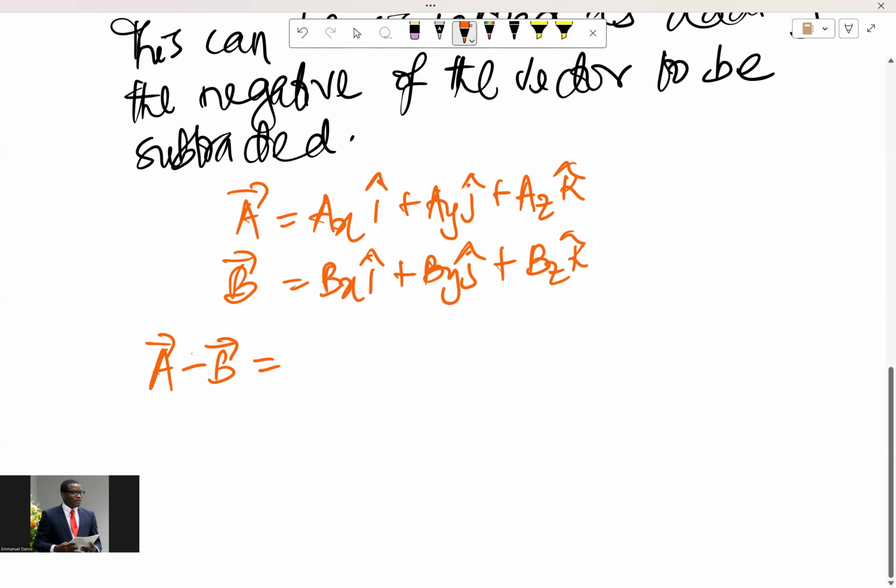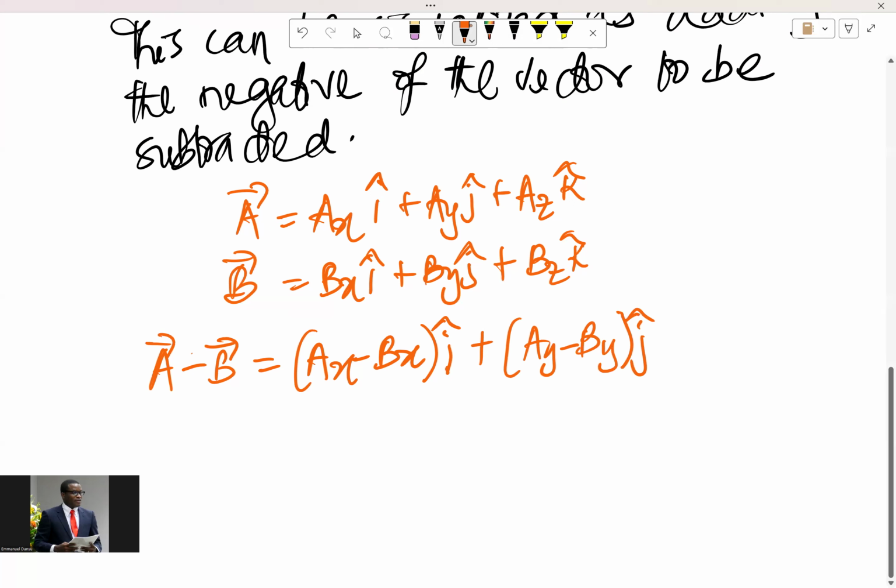So it's like A plus minus B, which is simply AX minus BX in the direction of the unit vector i. You'll understand the idea of unit vector along the line, so don't worry. So AY minus BY in the direction of unit vector j, plus AZ minus BZ in the direction of unit vector k. So that's the idea of subtraction.